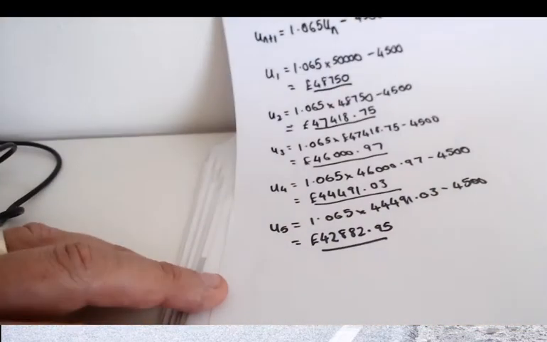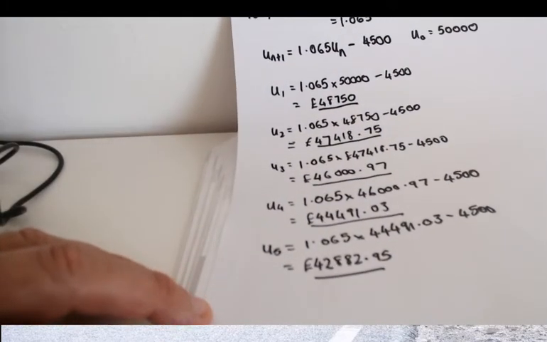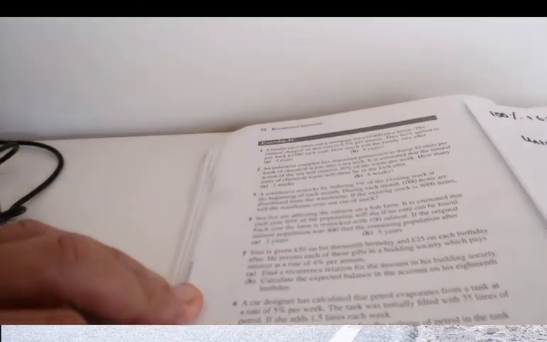And that is how we set up and work through our recurrence relation. The really important bit that we're looking for in each question is the percentage and this extra bit here. It might be a take away 4,500, but it can also be an add, and I'll show you one of them in just a little second.